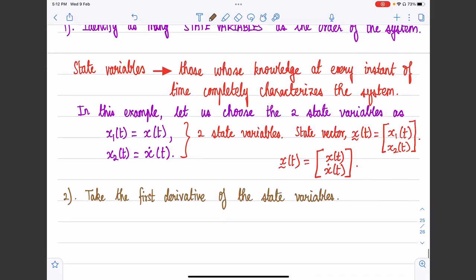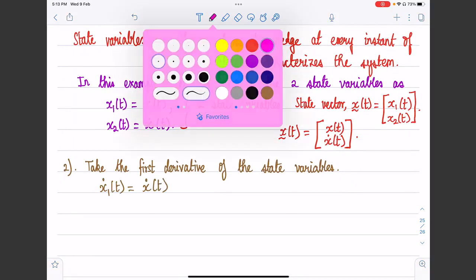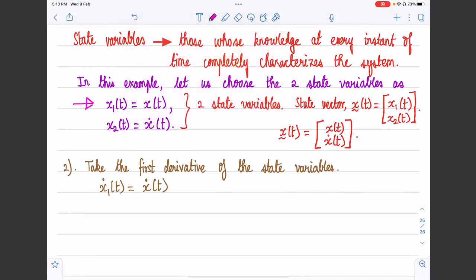Okay, so we have two state variables x1 and x2. First we take x1 dot, right? x1 dot will now be equal to x dot. So what did I do? I took the first derivative of both sides of this first equation, right? So x1 is equal to x.